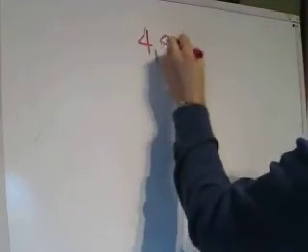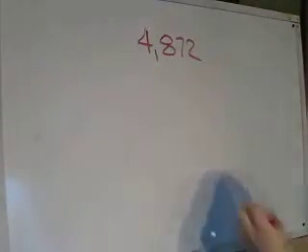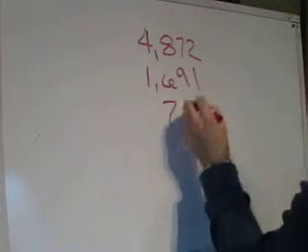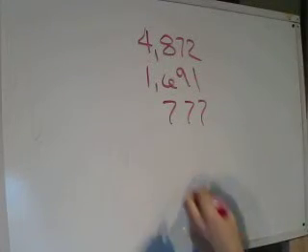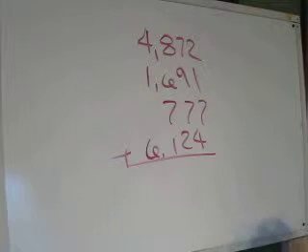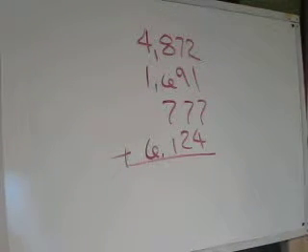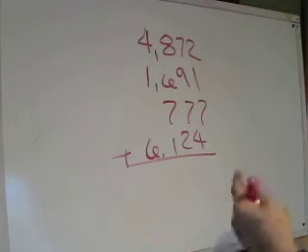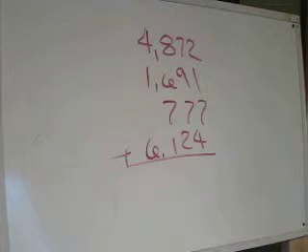Which brings us to estimating. Estimating, on the other hand, you estimate before you add. So if I have 4,872 and 1,691 and 777 and 6,124, like the example on page number 27, what I do here is I estimate, or I round first, and then I add them up.